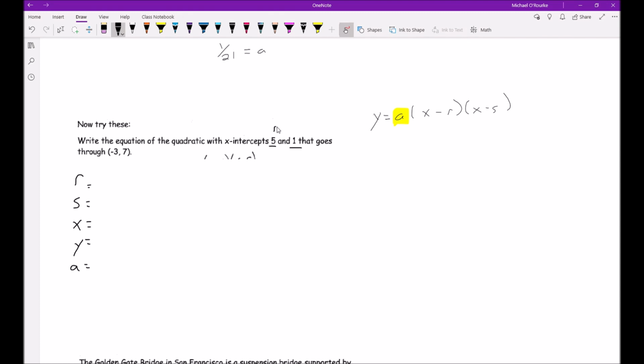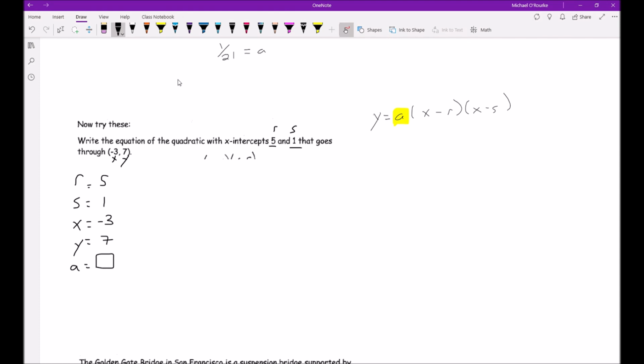So that is our r and s values. So r equals 5, s equals 1. And it goes through the point -3 and 7. So that's my x and y value. So -3 and 7. So we're trying to solve for a right now.